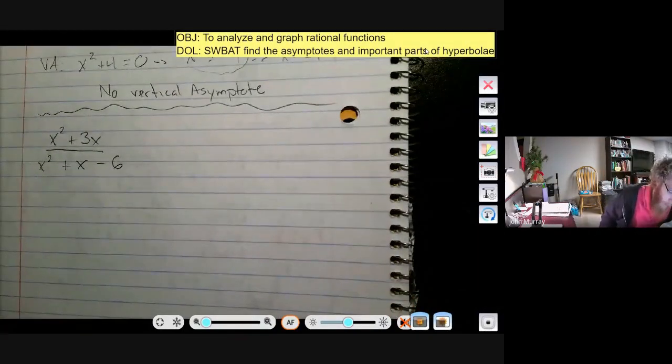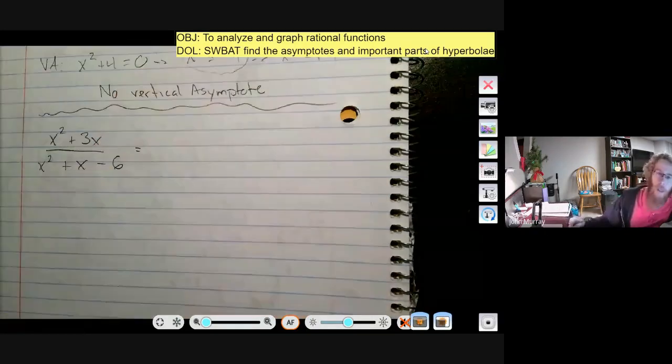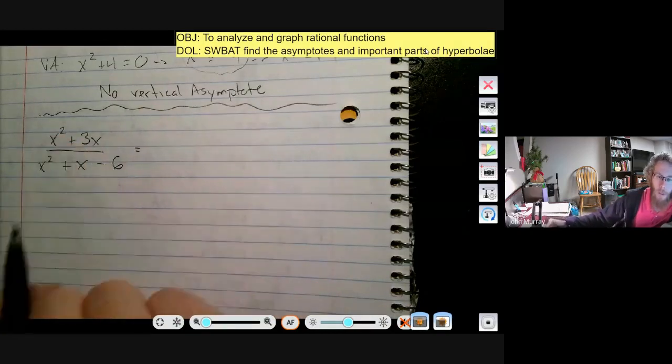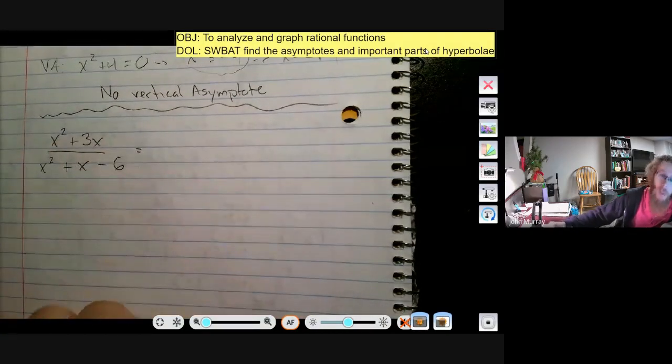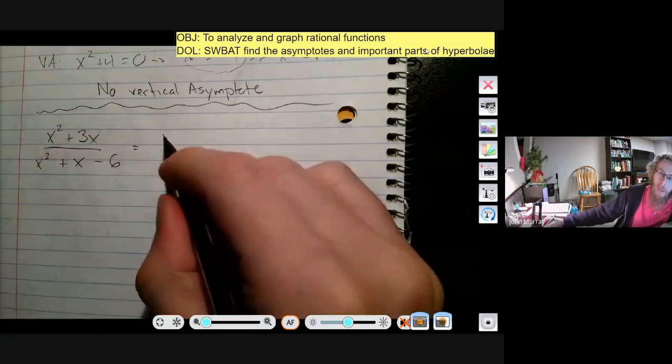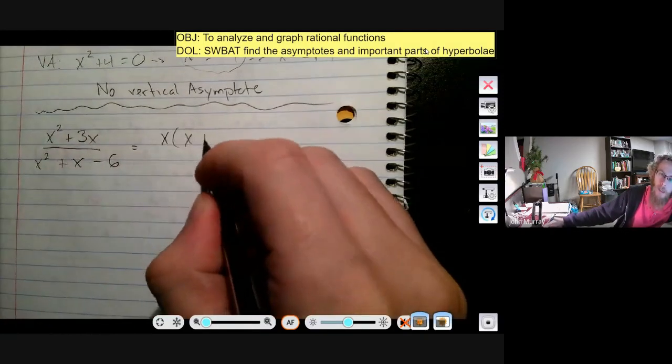All right, let's take a look at x squared plus 3x over x squared plus x minus 6. In the numerator, although it is not a classic trinomial quadratic, we can factor the top. They both share an x.